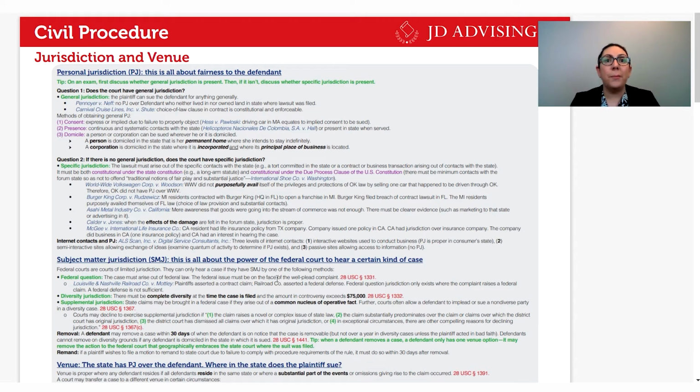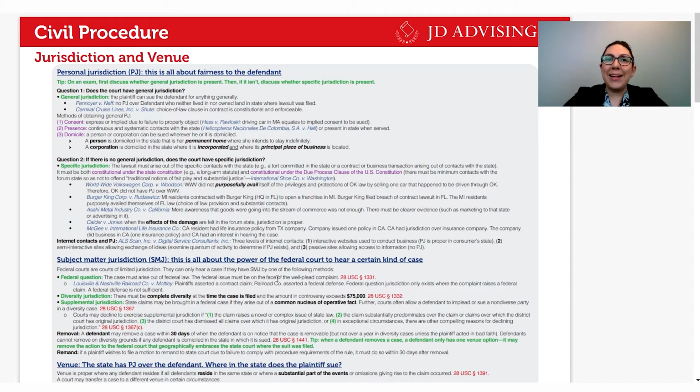Federal courts, you have to prove that this is the type of case that the federal court is allowed to hear before you can file that case or have that case heard in federal court. So when we ask, does the federal court have subject matter jurisdiction, we're asking, is this the type of case that this federal court is allowed to hear?